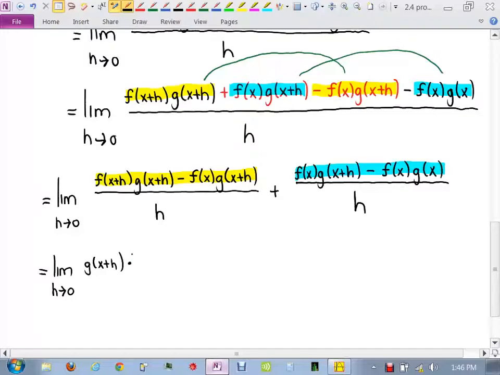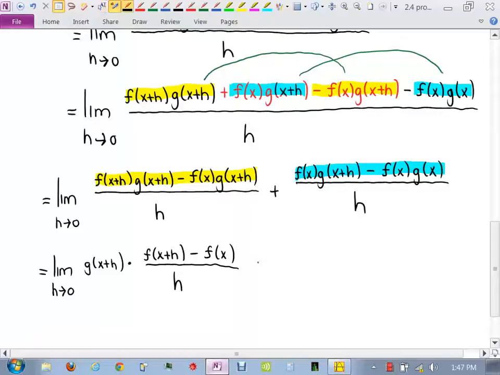If I pull a g of x plus h out of the top, what's still there? F of x plus h minus f of x all over h. Now, I slid that g of x plus h out in front of everything, right? But it would just distribute back through here, and it would give me this line right here, wouldn't it?